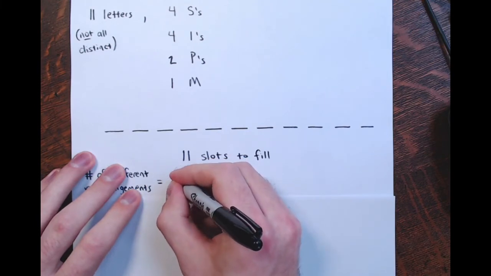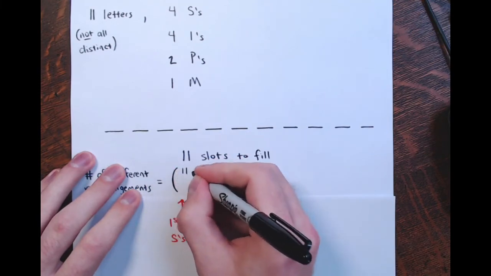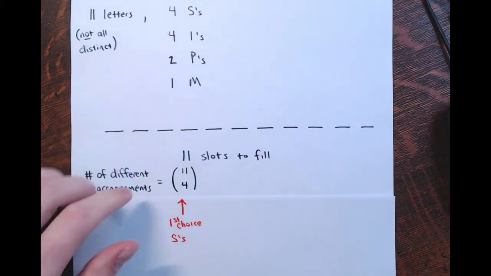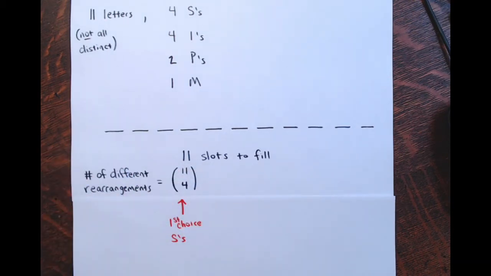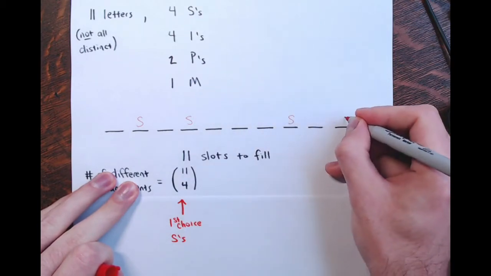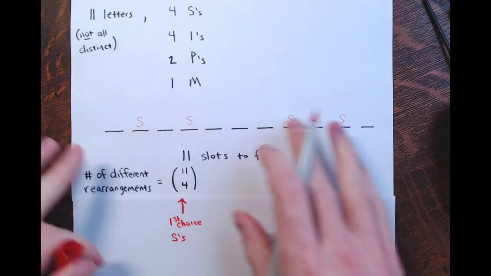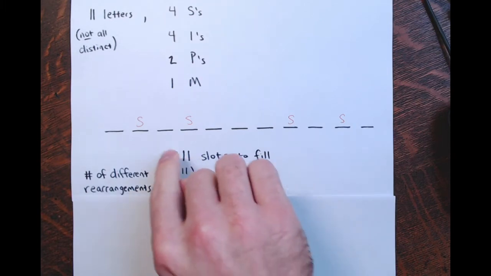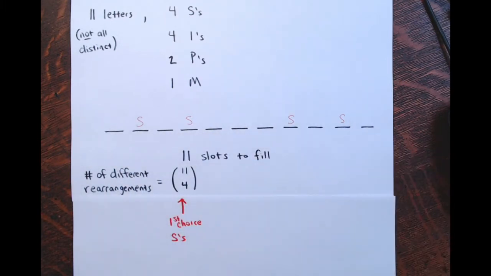So I'd have 11 slots, and I choose 4 of them. 11 choose 4, this is a combination, and I choose 4 of them to put an S in. So say here, here, here, and there. I could have chosen any other 4, but there are 11 choose 4 ways to do that. Pick 4 places where the S's go.